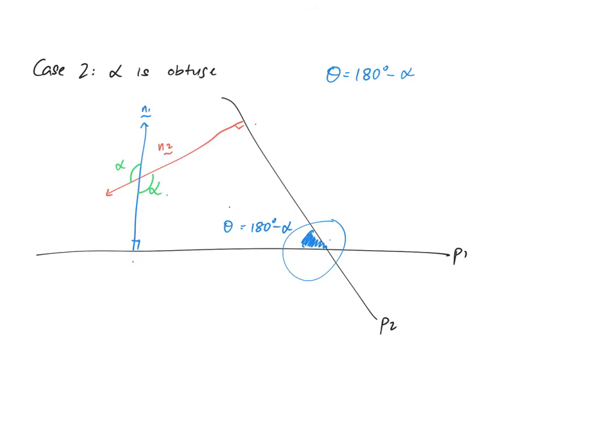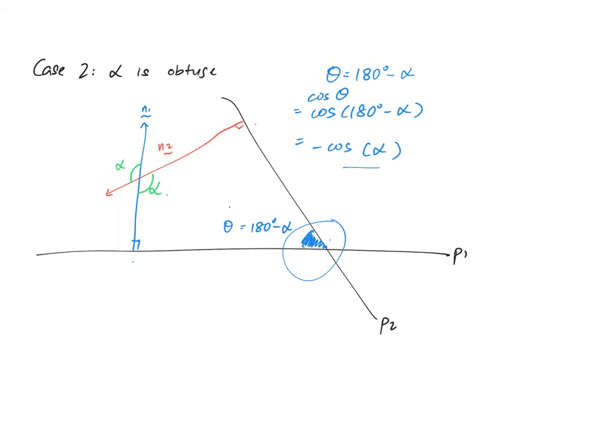And how is this related to cosine alpha? Basically, cosine of theta will be the same as cosine of 180 degrees minus alpha. If you go back to our sec 3 A math, this is just the negative of cosine alpha. So you can see that I relate this back to the angle between the two normal vectors.